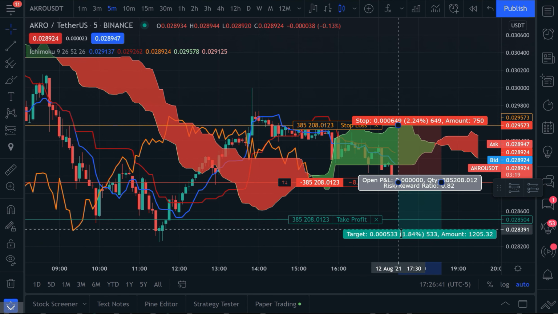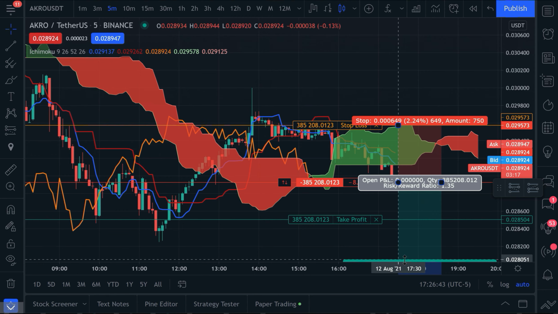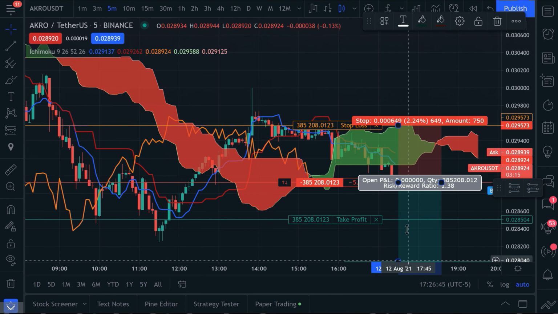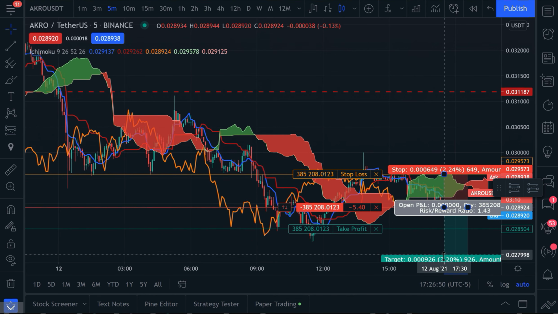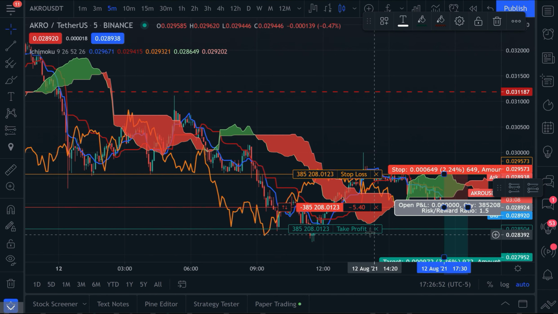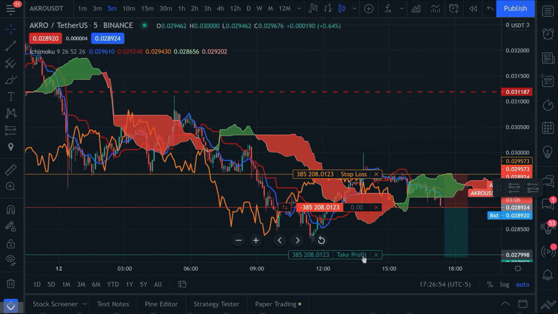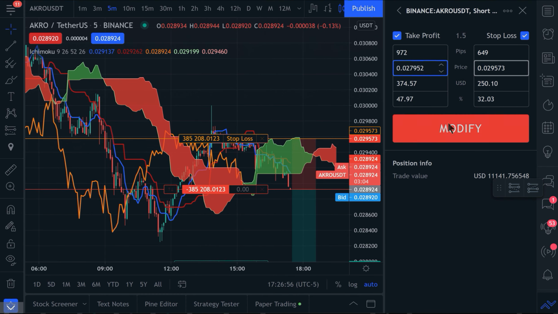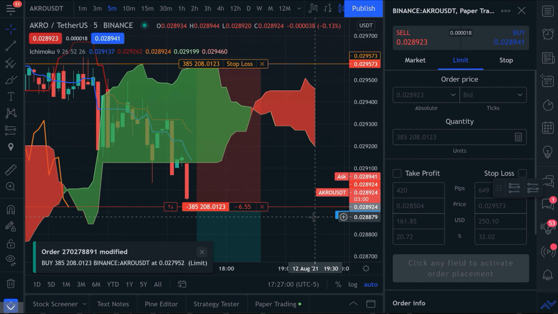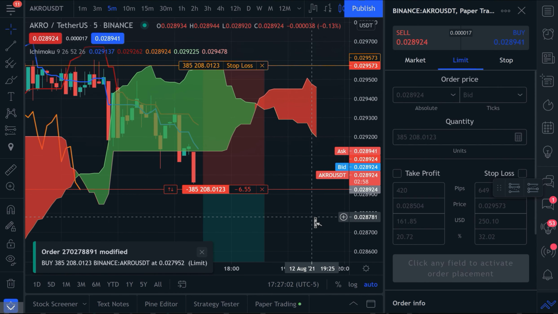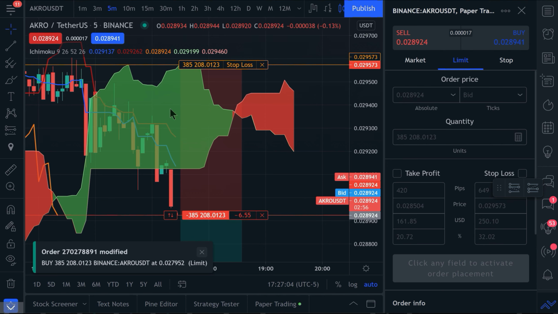I just need to set the correct 1.5 amount. Now it's drawing. So 1.5, I will go for the take profit down, modifying it, and the stop loss is correct. I will do the same thing that we did for Acro.